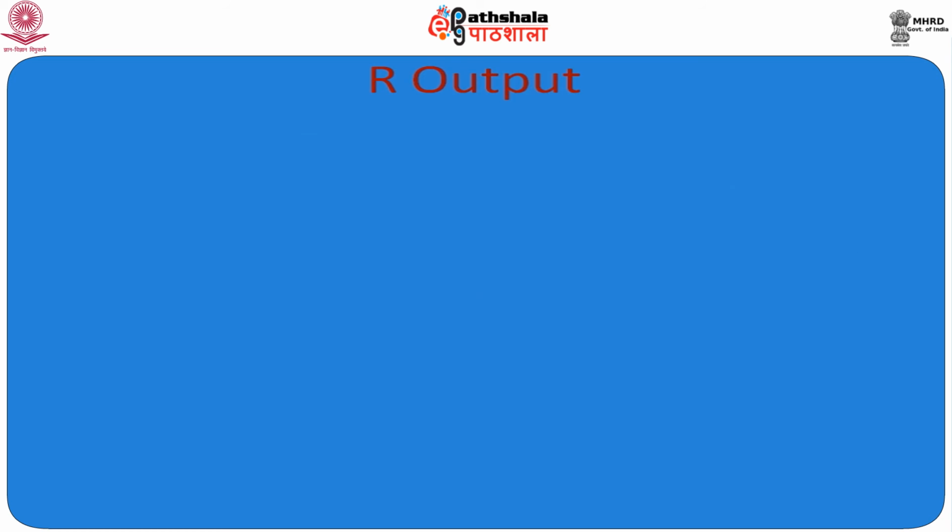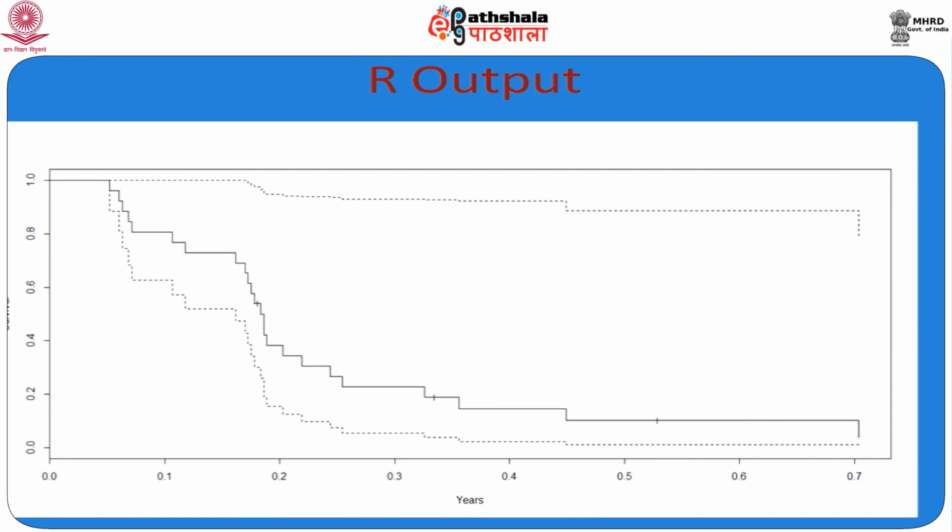Now this is the output result. For individuals aged 25 years, what can be the expected survival irrespective of treatment? Since we have not stratified the data by treatment, this is the predicted probability of survival for individuals exactly 25 years old.